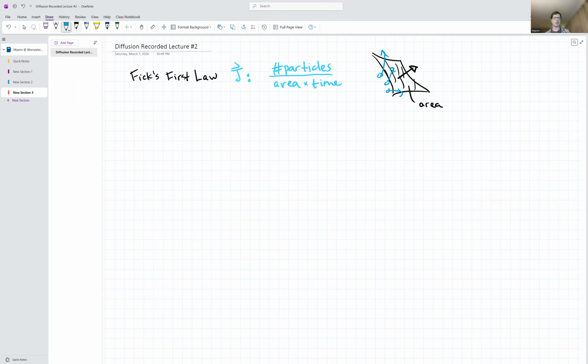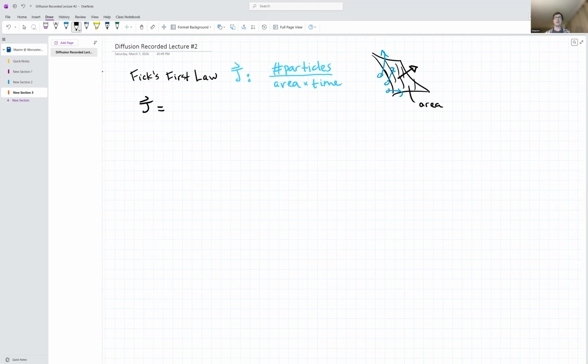And Fick's first law tells us how that works. It says that the flux of particles just moves down concentration gradients. So particles always move from high to low concentration.